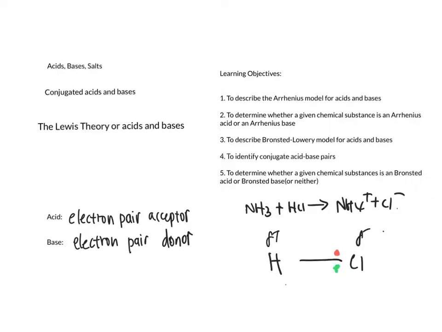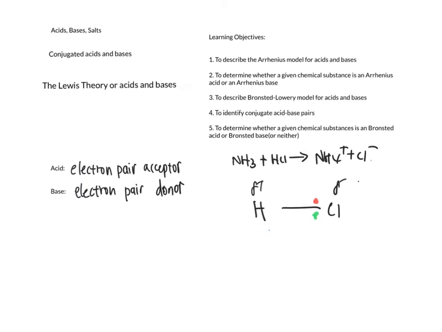The lone pair on the nitrogen of the ammonia molecule is attracted to the slightly positive hydrogen atom in the HCl. As it approaches, the electrons in the hydrogen-chlorine bond are repelled still further towards the chlorine. Eventually, a coordinate bond is formed between the nitrogen and the hydrogen, and the chlorine breaks away as a chloride ion. I will now show you the animation by using the curly arrow, which hopefully makes more sense.